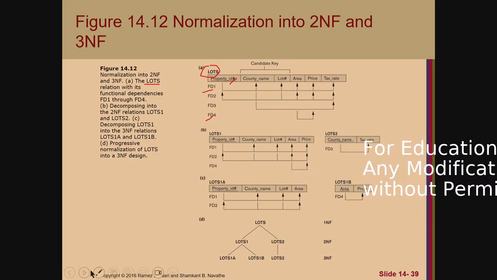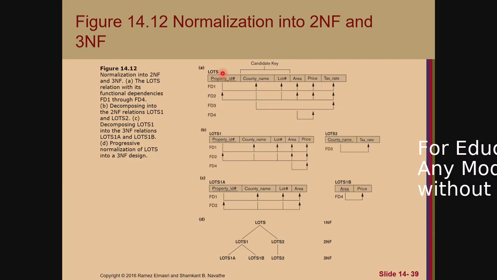If you look at a functional dependency like the first one, if one of the attributes can determine the remaining attributes, then that attribute can be the key.